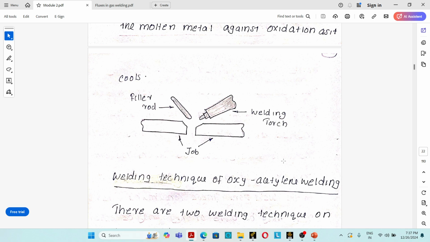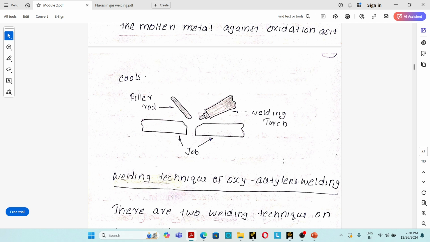So these are two classifications of filler rod, that is bare filler rod and flux coated filler rod. When we are using a bare filler rod, there is a need to add flux separately over the molten weld. With the second classification, the flux coated filler rod, there is no need to add the flux to the molten weld pool.